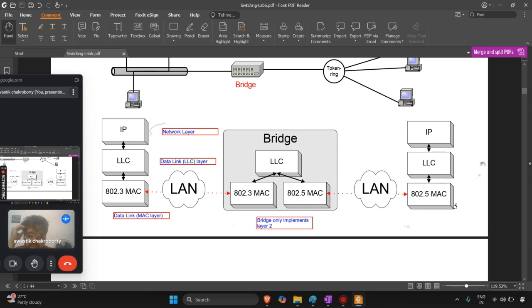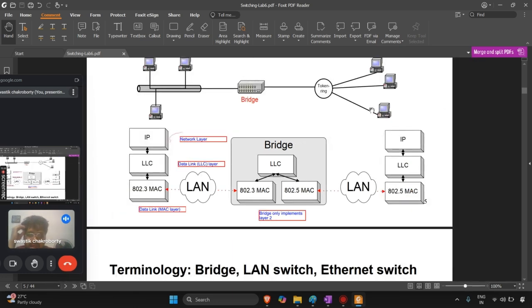whichever packet has to be sent to some user in 802.5. So previously in LAN, without any connection to the internet, you could only send the data from one device in 802.3 to other devices in 802.3.